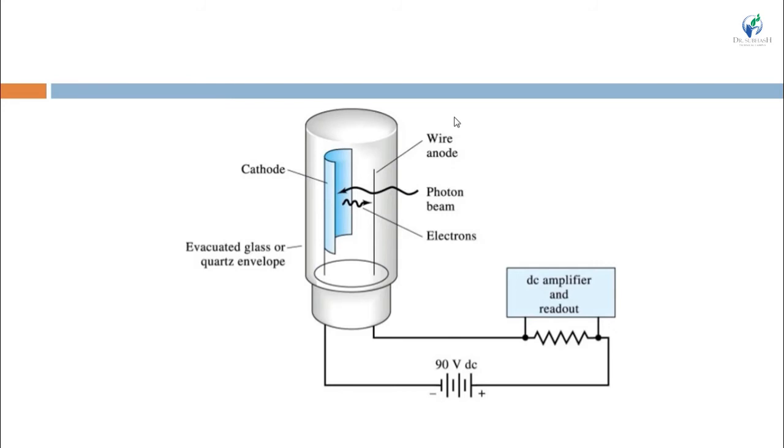Here emissive because the electrons are emitted by the cathode. The current flows, and this current is directly proportional to the intensity of incident light, because the electrons are generated by the incident radiation, which is the transmitted radiation coming from the sample.